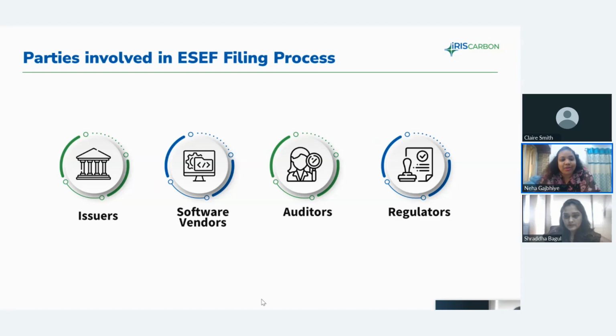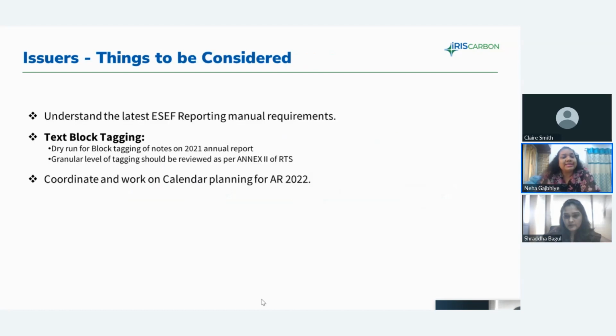But no, it's not only the preparers or the auditors. There are many more parties who are involved directly and indirectly in the whole process, and they are issuers, software vendors, auditors, and regulators. So now let's discuss what the things to be considered are from each and every party's point of view.